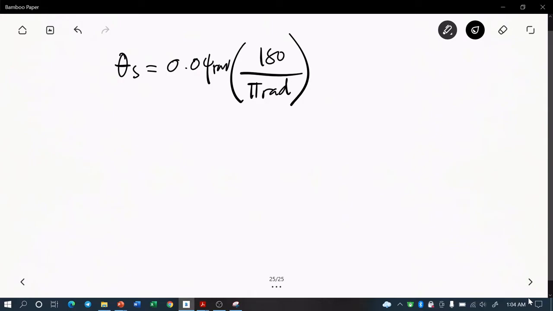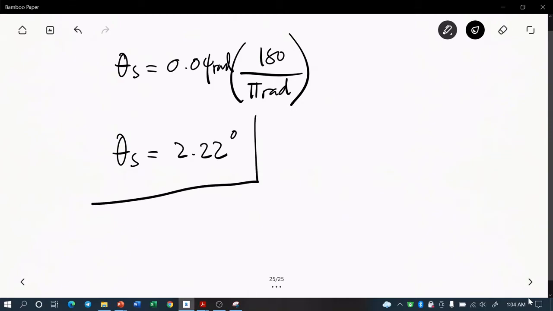So therefore our torsional deflection for a solid shaft is 2.22 degrees. Okay, so that is one of the requirements in letter C. So next, we're going to compute the torsional deflection for a hollow shaft.